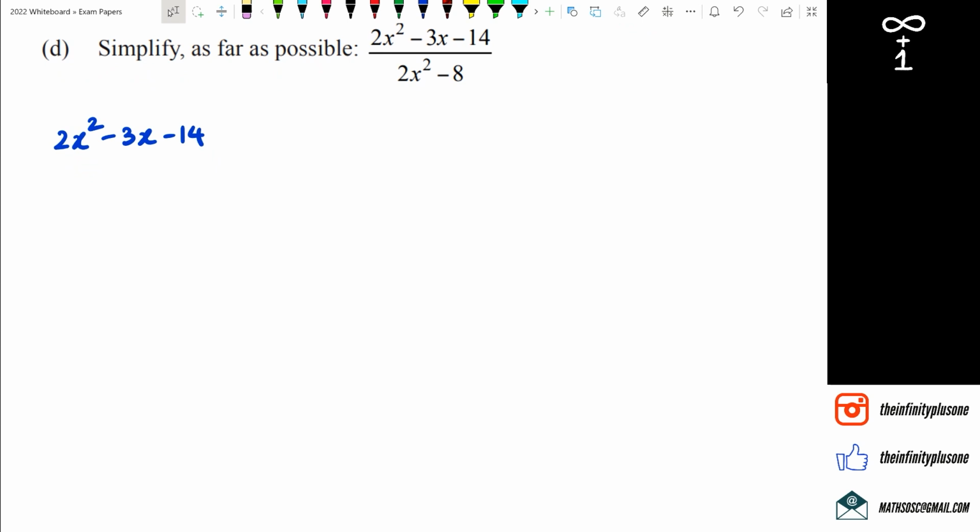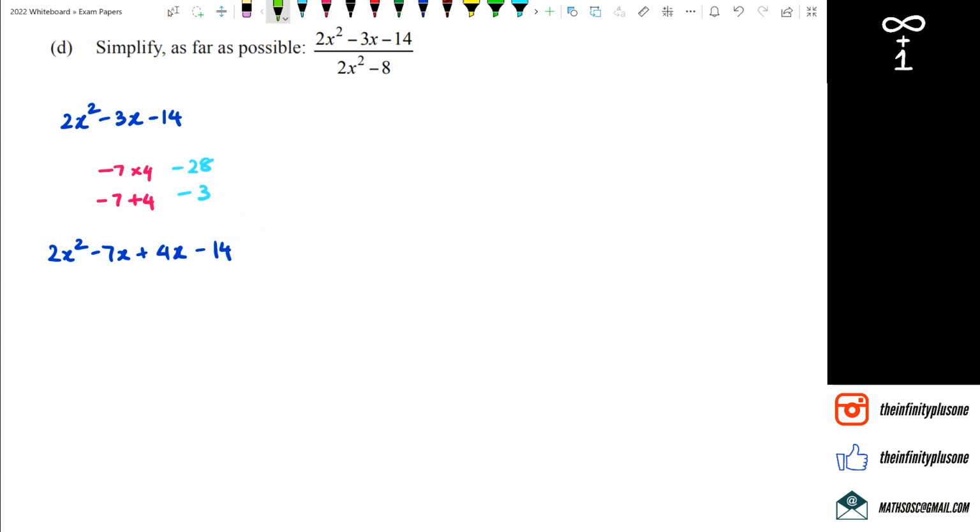Negative 14 times 2 happens to be negative 28, and we're looking for two numbers that multiply to negative 28 and add to negative 3. So it's negative 7 and 4, nice and simple. And so we can rewrite this as 2x squared minus 7x plus 4x minus 14.